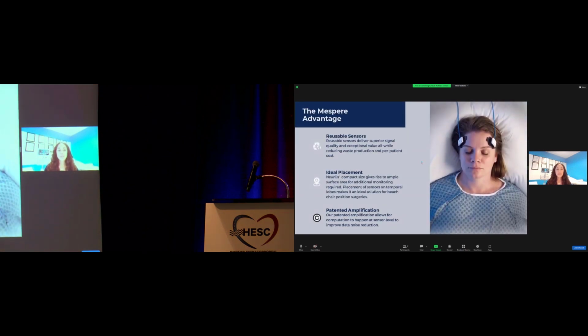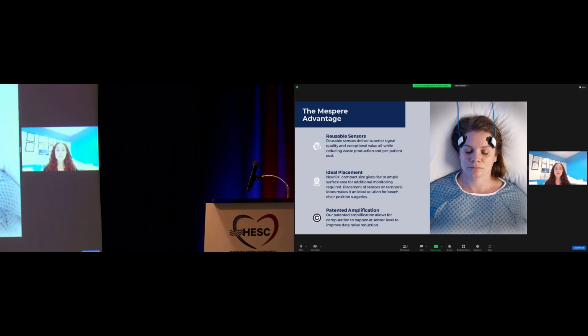There's something that we like to say, which is called the Mesphere advantage, or really what our guarantee is when you are using any one of our solutions, but particularly today, the Neuros sensors. Like I've mentioned before, our sensors are currently the only sensors on the market that are reusable.